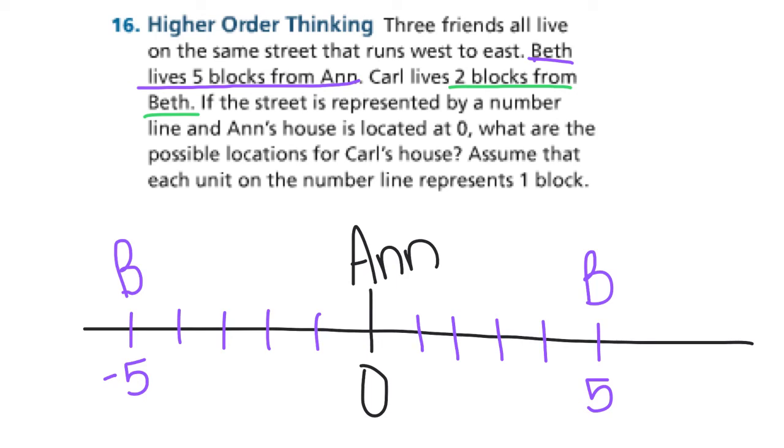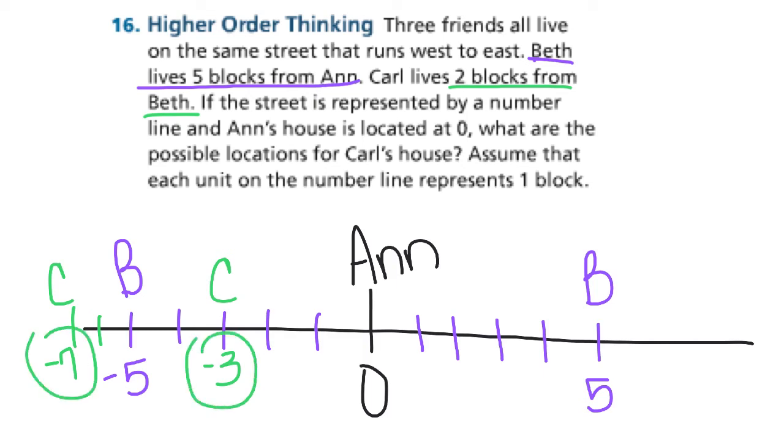Well, there's 2 possibilities for Beth. If Beth lives at -5, Carl could live 2 blocks east or 2 blocks west. This gives us 2 possible locations for Carl at -7 or -3. But remember, Beth could also live east.